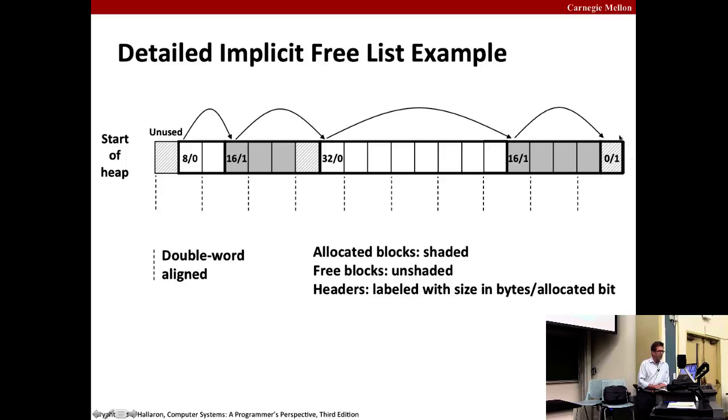But this allocated block at the very end eliminates some special cases when we start to coalesce free blocks. And we'll talk about that in just a moment. This allocated block of size 0 is also helpful in terminating. When you're walking this list, you can check for an allocated block of size 0 to terminate your search.